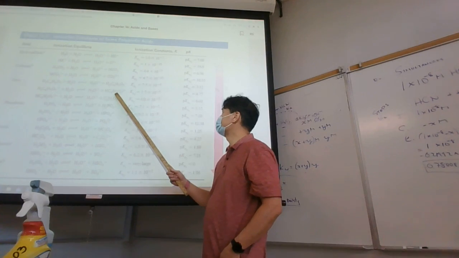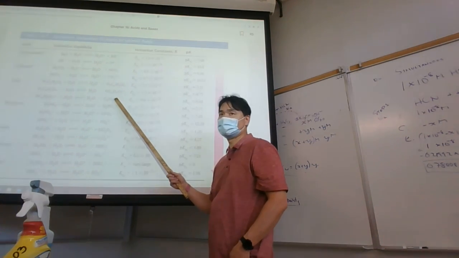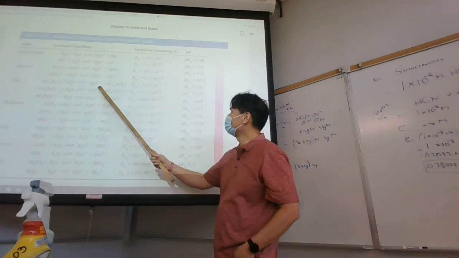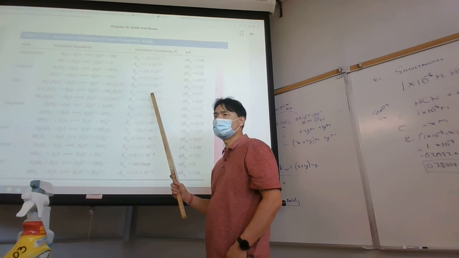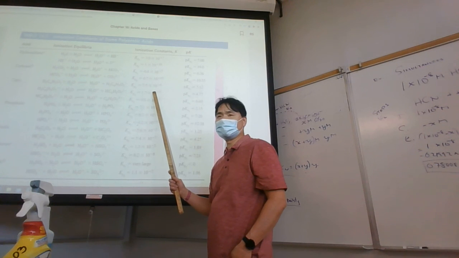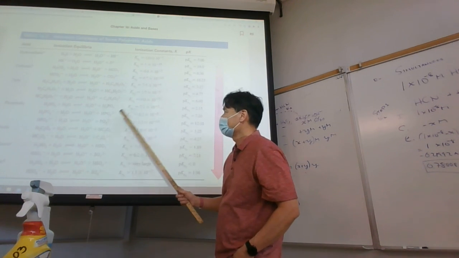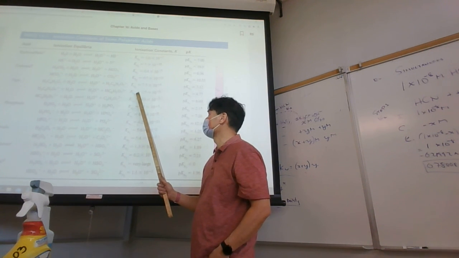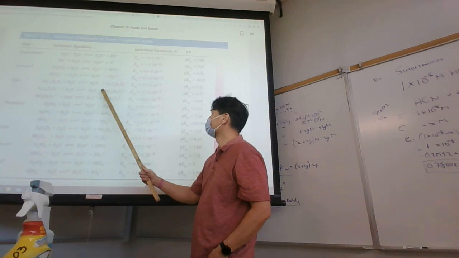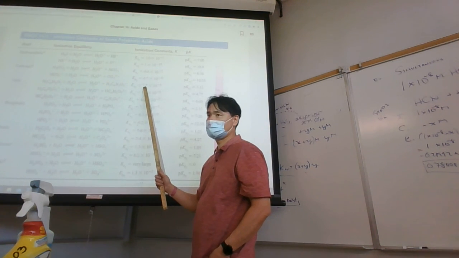Citric acid, maybe not such a good candidate, because here step 1 is 10 to the minus 4, but step 2 is 10 to the minus 5. That's not that big of a difference, just tenfold different. So I would start to worry about citric acid, step 2 producing significant quantities of hydronium, which perturbs step 1.